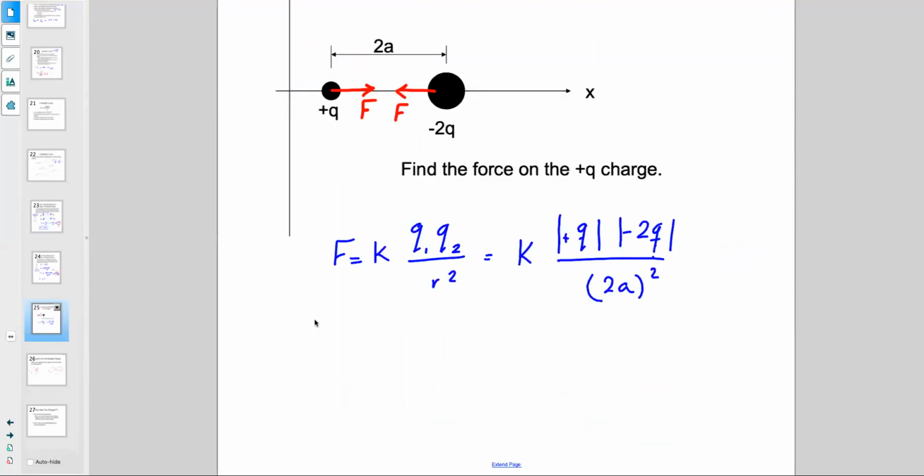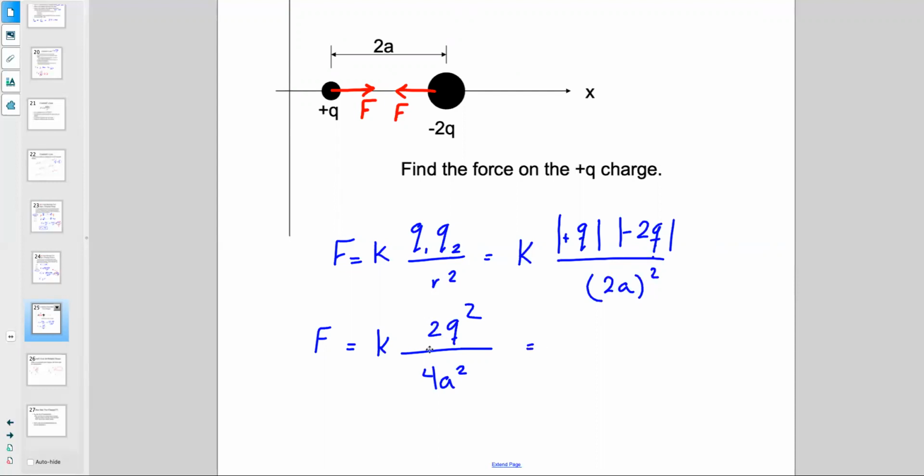So F is k, 2q squared. I have 2a to the power of 2 in the denominator, so we'll have 4a squared.